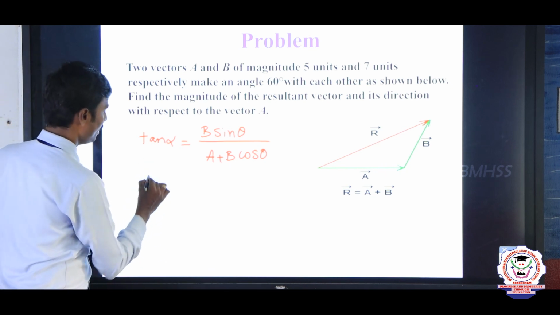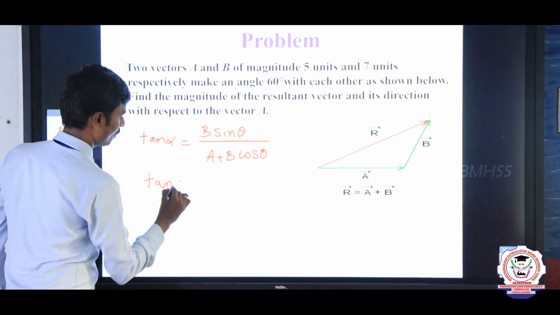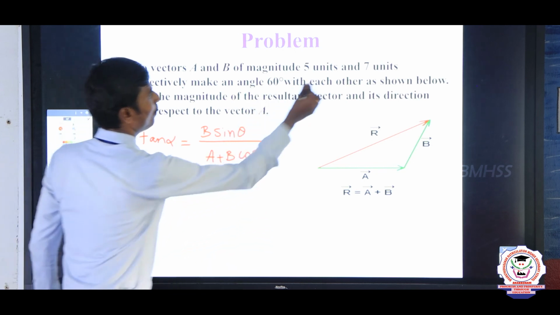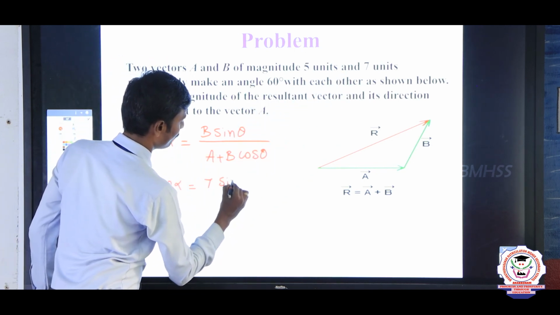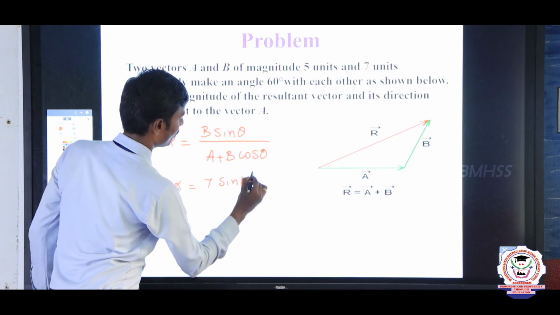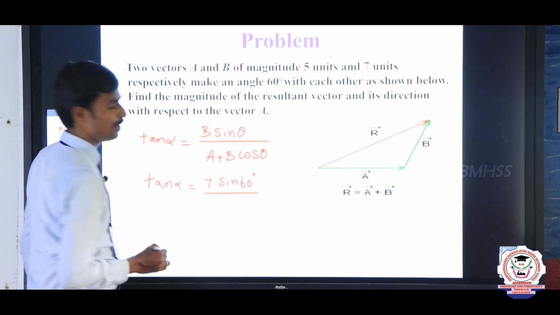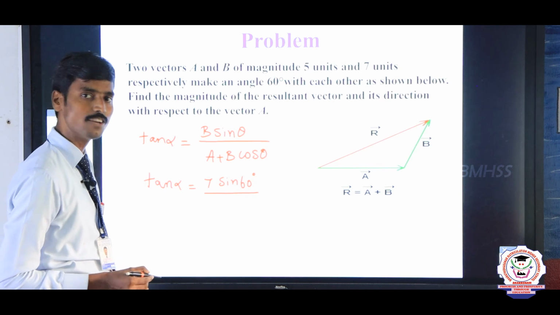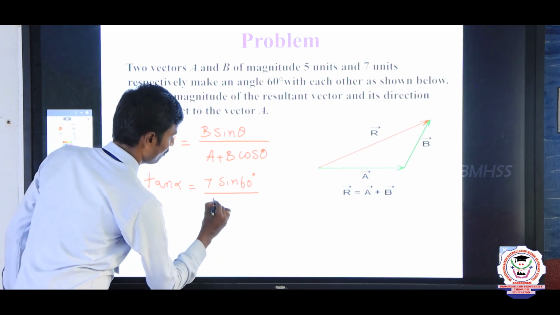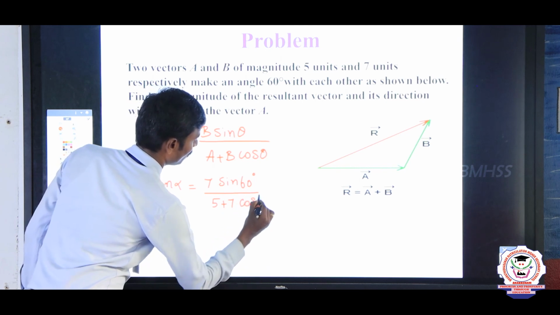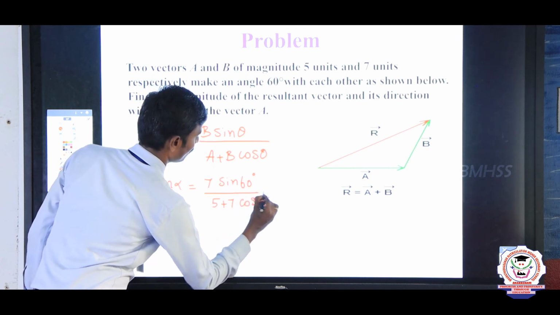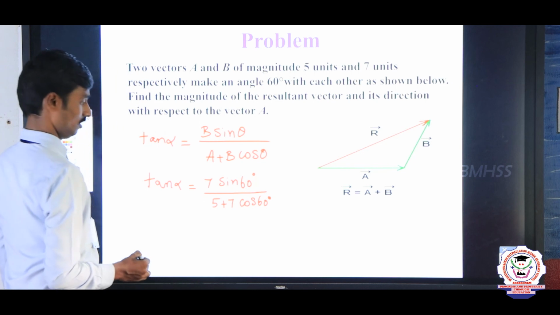Okay, now tan alpha equal to B value, 7 units, so 7 sin 60 degree, divided by A plus B cos 60 degree, where A is 5 units, B is 7 units. So 5 plus 7 cos 60 degree.